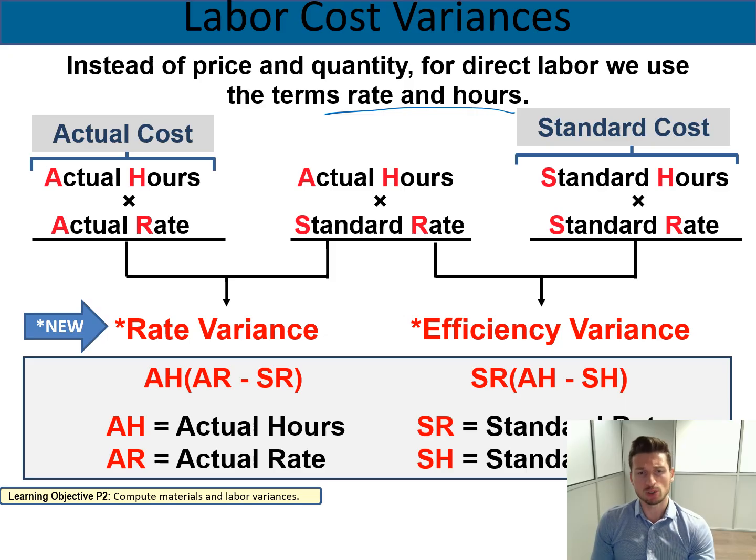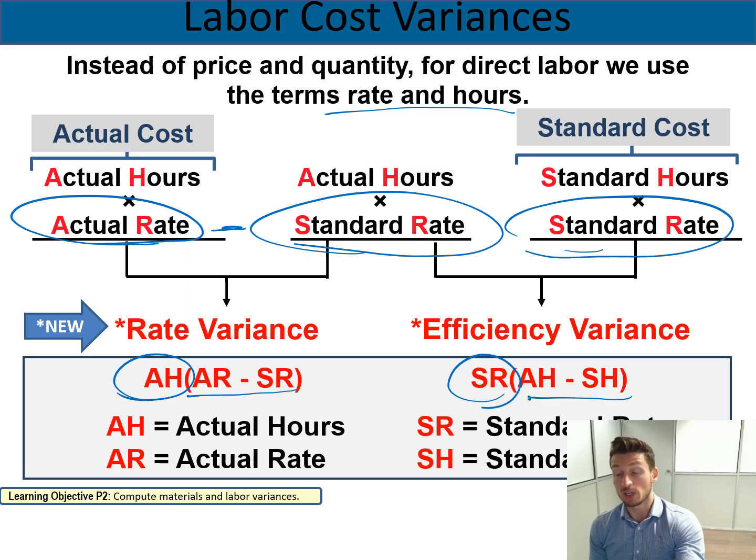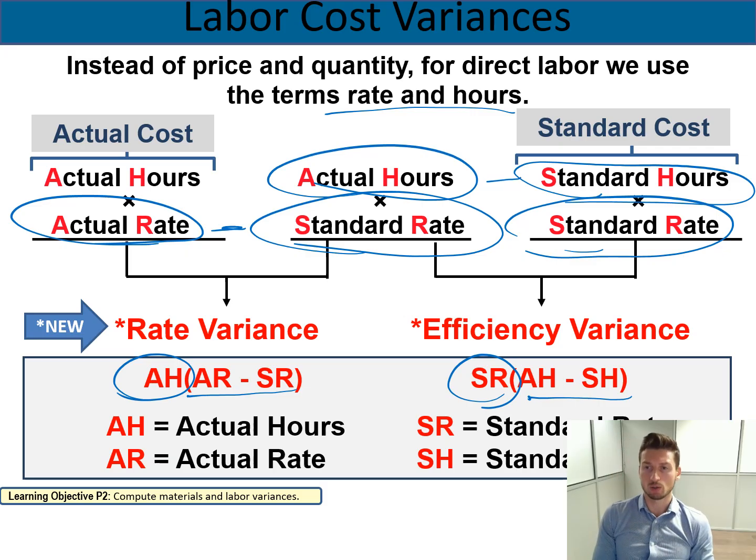It's actual rate minus standard rate, times actual hours, which means that in rate variance I need to find the difference between actual rate and standard rate in order to find out how much more or less I paid per hour. And in efficiency variance, I calculate actual hours minus standard hours, times standard rate, which means the standard rate stays constant, but I calculate actual hours minus standard hours. This is the formula you're going to use to calculate labor cost variances.